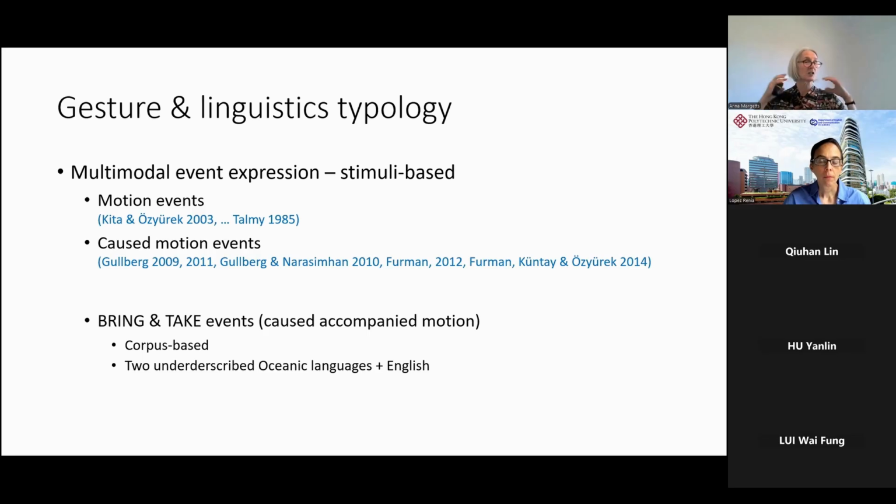It was corpus data, just people talking about the world and life. We then have to search for these types of events in that corpus data, because we didn't work with stimuli, we worked with data that already existed. And also our data sample is quite different in that we have 2 underdescribed Oceanic languages and English in the project that we set out to do on multimodal event expression.